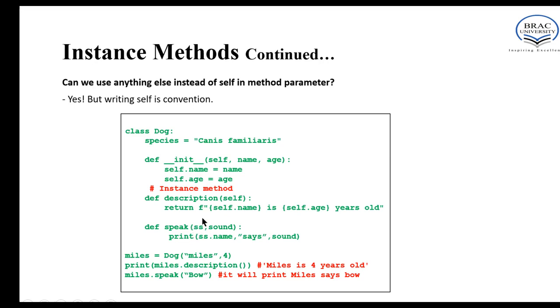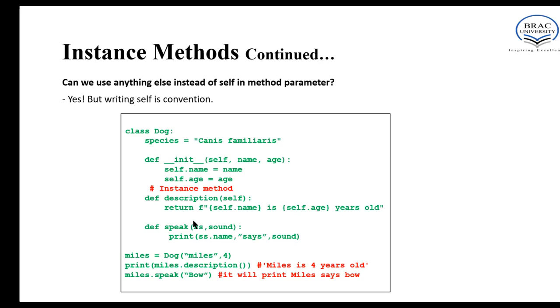Then, if you want to access the attributes of your class, you can write ss dot name, where ss carries the address of your object and dot name is the instance attribute, which is a string, and then sound is also a parameter. This is a variable.